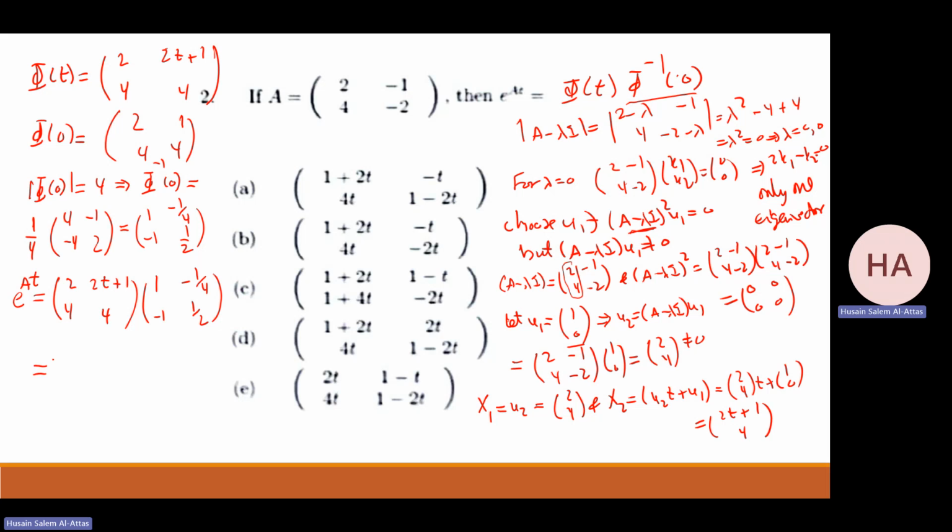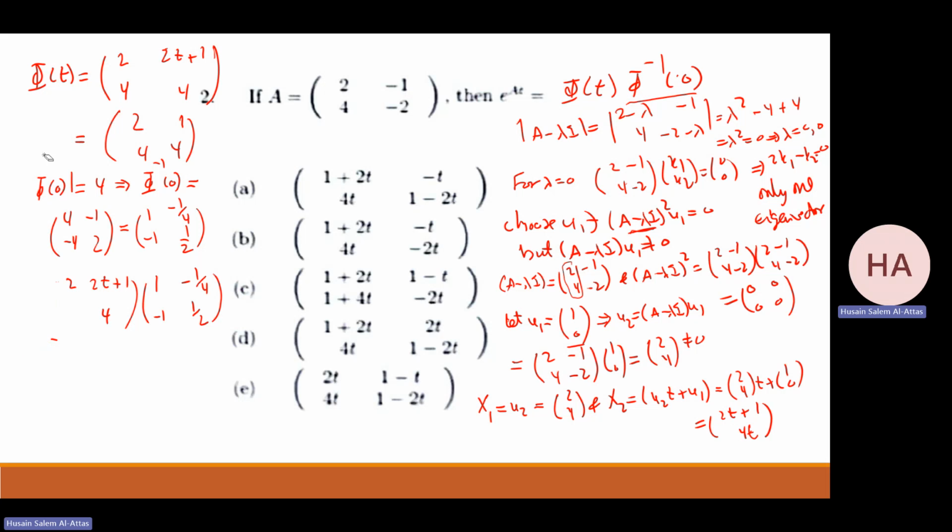Let me see what I'm getting. I'm getting the same answer. There is a mistake. Sorry, this is 4, 0. This is 4, 0.